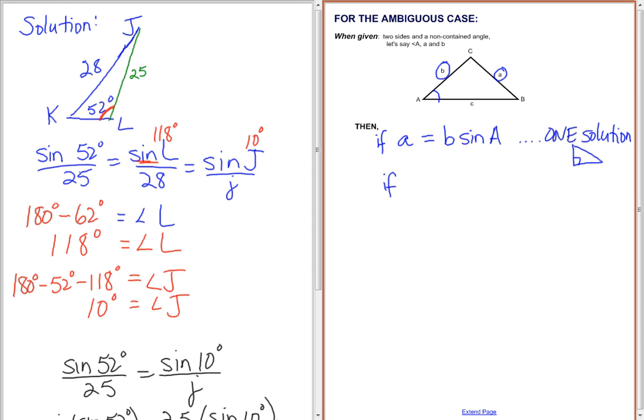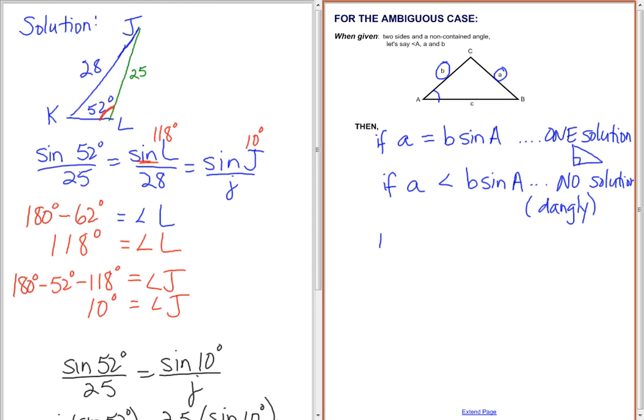If little side A, or the one that's across from the angle, is smaller than B sine A, we have no solution. I don't know if it's very mathematical, but I think of it as kind of dangly. It doesn't reach the bottom.